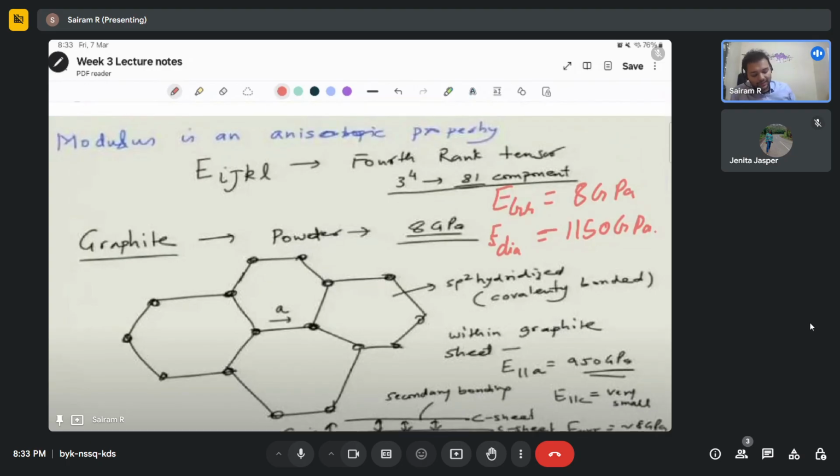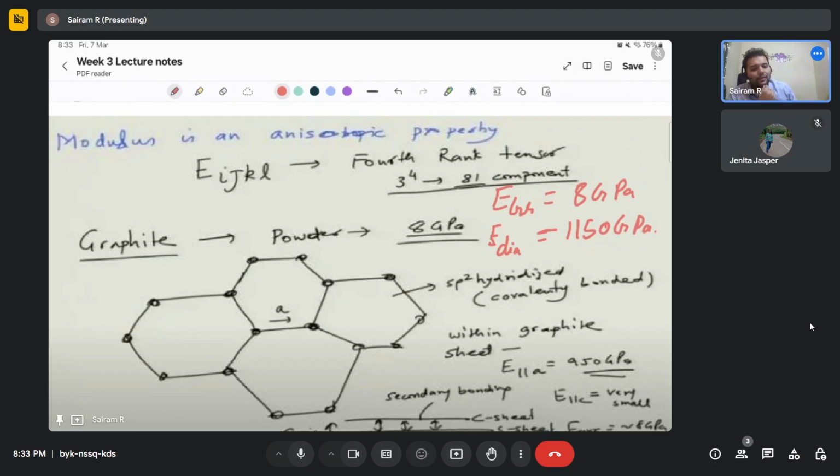Why is that the case? Graphite, as you know, is a stack of single sheets of carbon atoms arranged in this particular way. However, the bonding between two different layers of graphite sheets is not very strong. They are not covalently bonded. They have very weak van der Waals forces of attraction between those two parallel sheets.